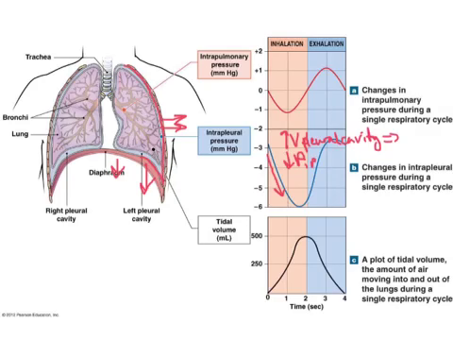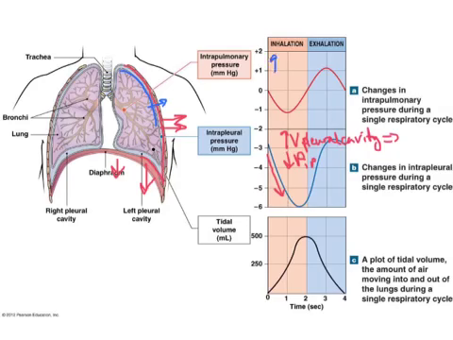As the intrapleural pressure drops, that pulls the visceral pleura out as well. As the visceral pleura are pulled out, they're tightly attached to the lung tissue, so the lung tissue gets pulled open.